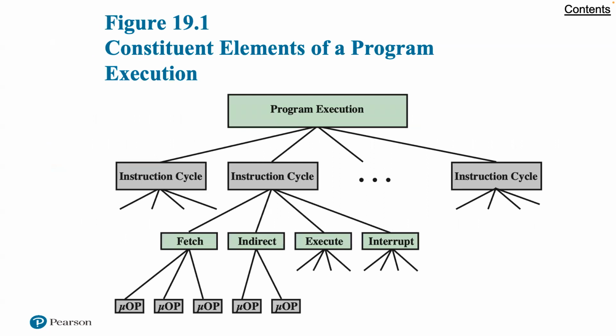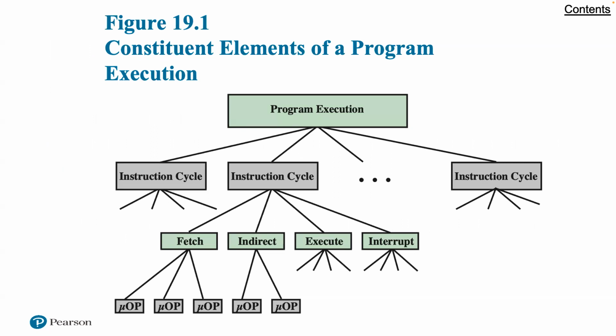So here in figure 19.1, it depicts a relationship among the various concepts we have been discussing. To summarize, the execution of a program consists of a sequence of the execution of instructions. Each instruction is executed during an instruction cycle made up of shorter cycles, for example, fetch, indirect, execute, and interrupt.